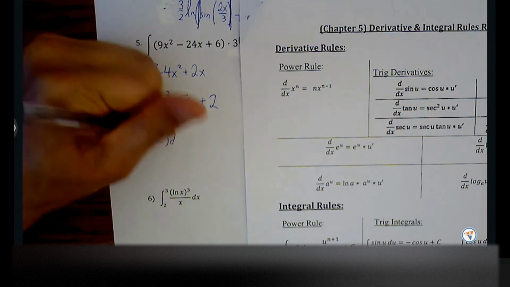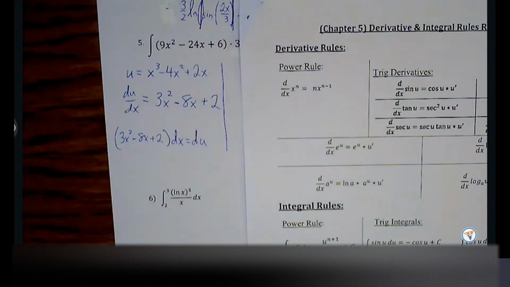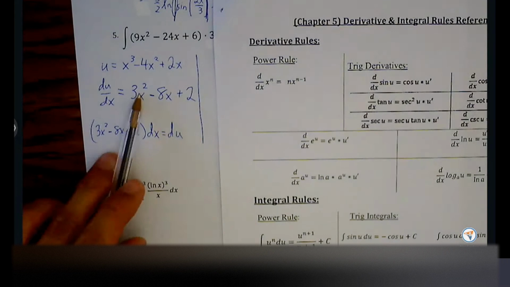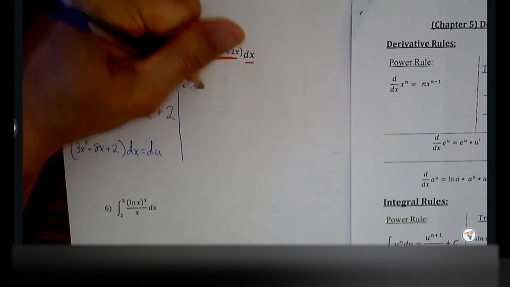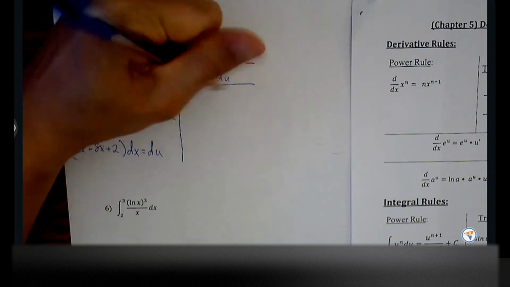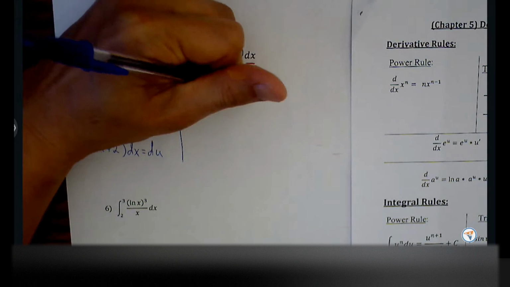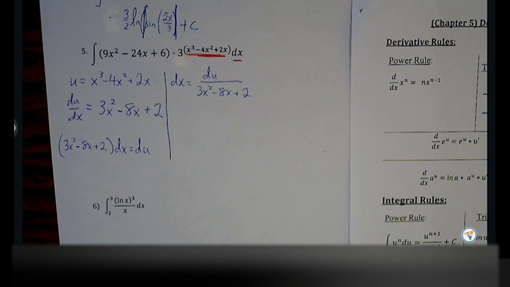Yeah, so this times this equals this, right? Okay. Divide the 3x squared to the other side. And we're going to put it back, okay?